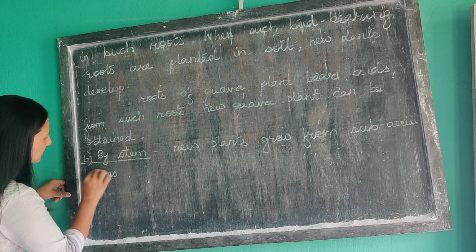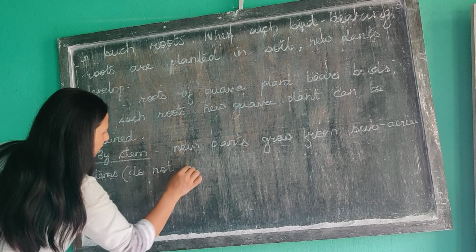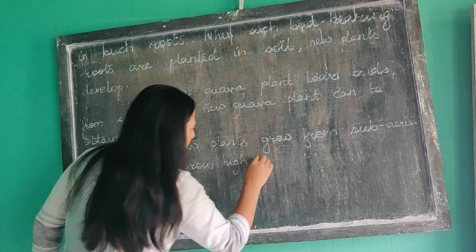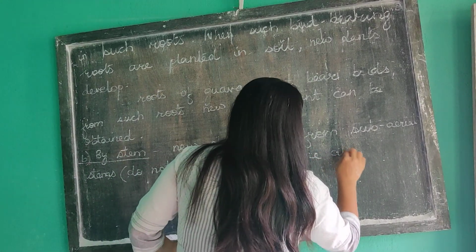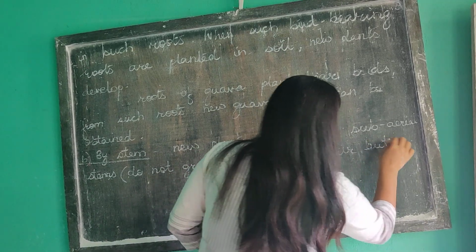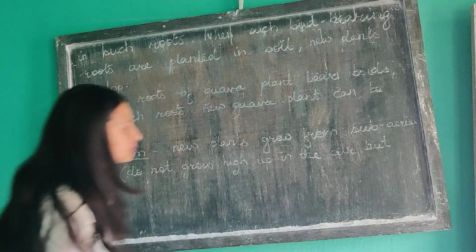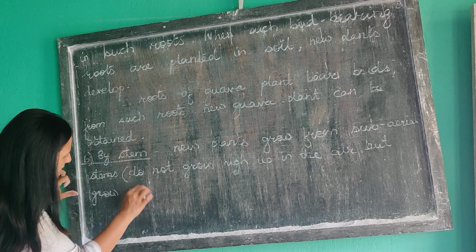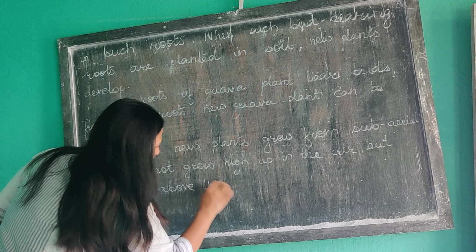Subaerial stems are the stems that do not grow high up in the air, but they grow just above the ground.